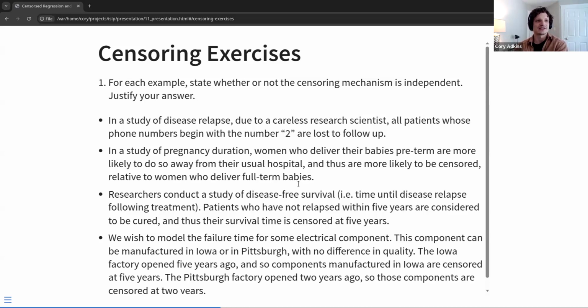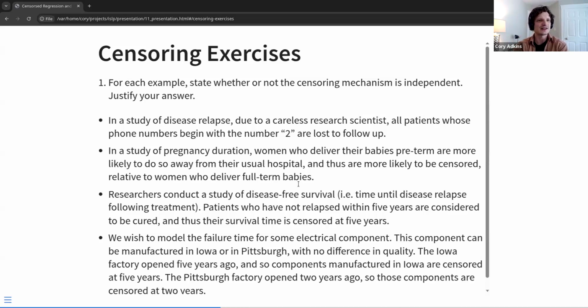Researchers conduct studies of disease-free survival. Patients who have not relapsed within 5 years are considered to be cured, and thus their survival time is censored at 5 years. I was a little confused about this because in some ways this seems like the classic case. So is this a case of independence?